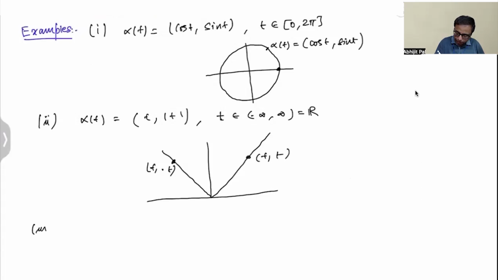Okay. And third, let me give you this example: alpha(t) is (cos t, sin t, t). Now the image of alpha lies in R3, so it is no longer a planar curve.